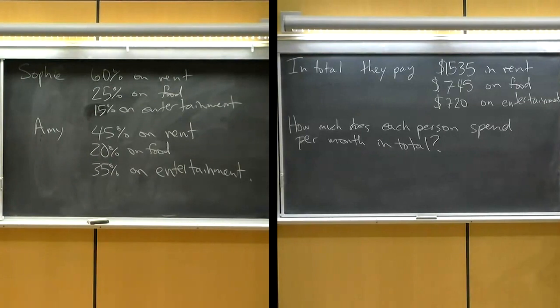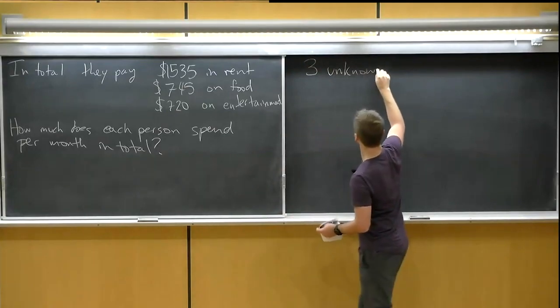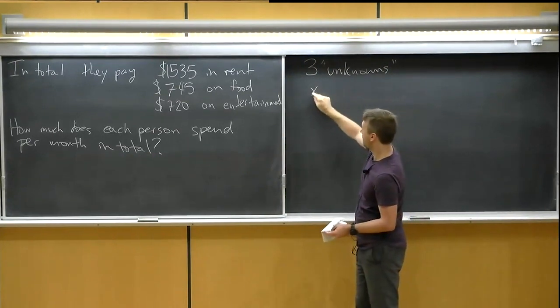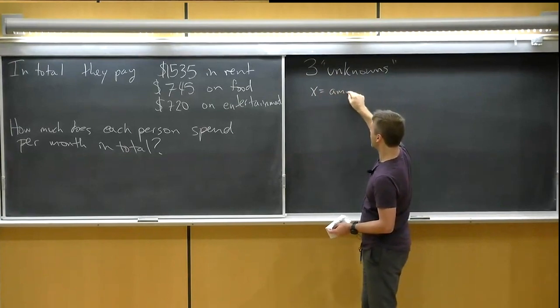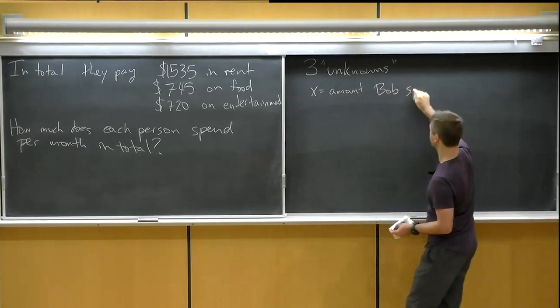Okay. So, I mean, we're asking how much does each person spend? So we've kind of got 3 unknowns, right? So there's 3 variables. Let's say X is the amount that Bob spends.